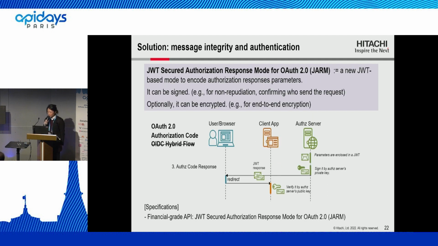Or another solution is JWT secured authorization response mode for OAuth 2, called JARM. JARM is one of the FAPI security profiles. This JARM is also a JSON Web Token that can include the authorization response parameters. It can be signed and optionally it can be encrypted.